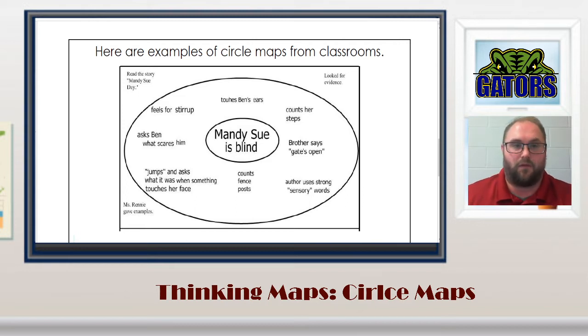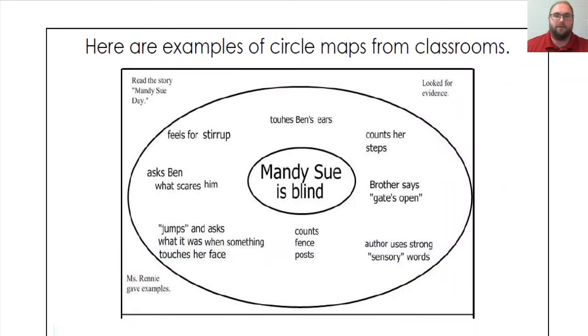Let's zoom in so that you can see the frame of reference on the outside a little better. It says that they read this story, Mary Sue's Day, then looked for evidence in the reading, and then their teacher gave examples. So this is an example of using a circle map to pull information from a piece of text.